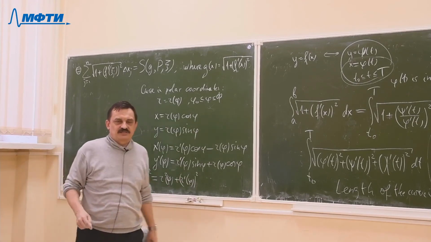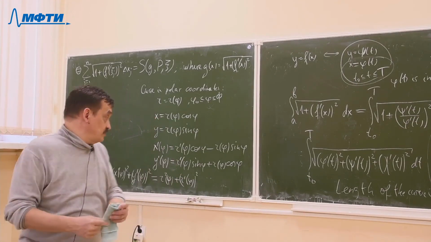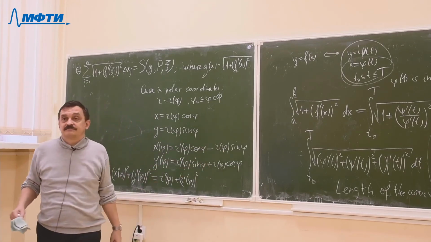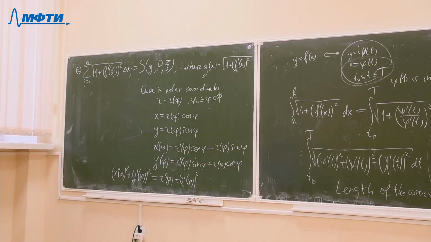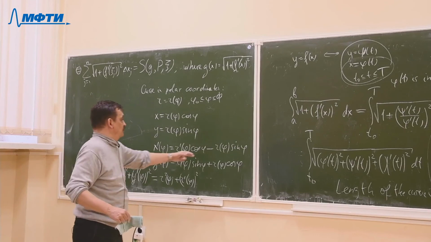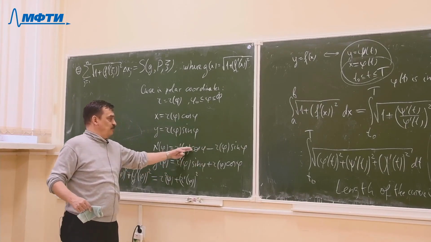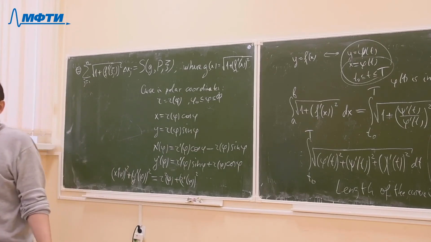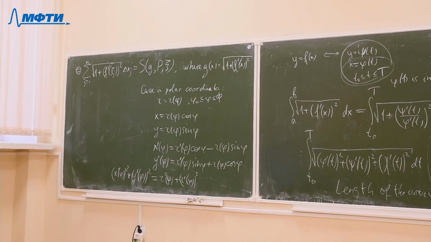A very simple expression, because double products cancel after taking squares, and squares of r and r prime come with coefficients cosine squared plus sine squared, which equal 1, right?